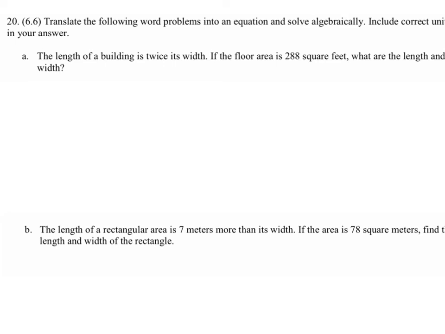So let's start off with this first statement. We have L is equal to twice the width. So L equals 2W. We can now go ahead and plug that into our formula. Our formula is A equals length times width.